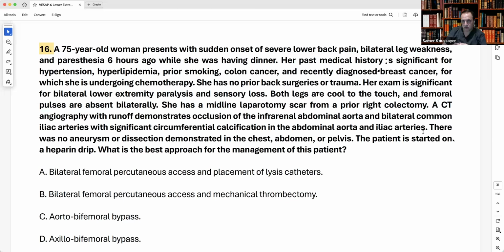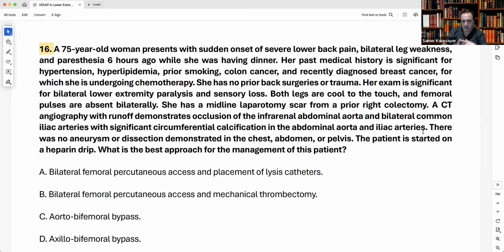CT scan showed occlusion of the infrarenal abdominal aorta and bilateral common iliac arteries, significant circumferential calcification in the abdominal aorta and iliac arteries. So it's not a normal artery. That means she had disease in her artery before. You see how all this fits?